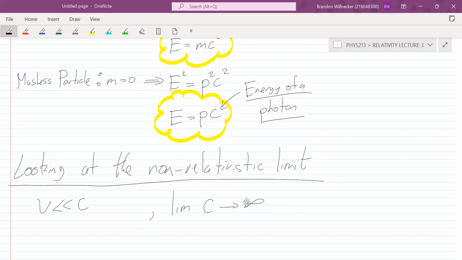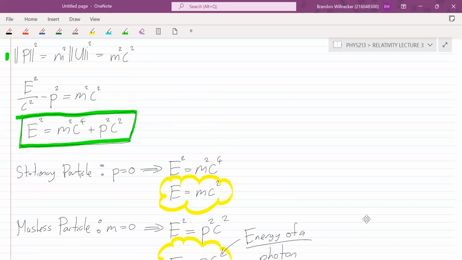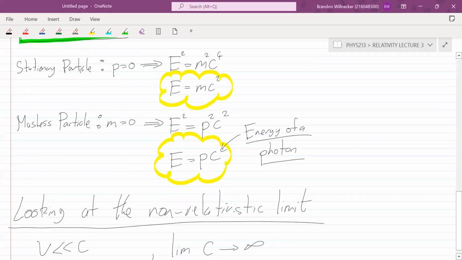So either you can think of the velocity being much less than the speed of light, or you can think of it as light moving instantaneously. Either way, you get the same limit. So we're going to use this idea along with our energy momentum relation to recover the non-relativistic limit, in other words, your first year formulae.